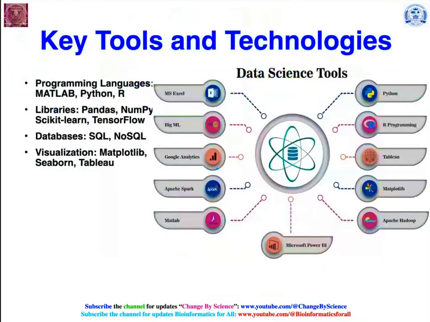What are the key tools and technologies generally required? I will say Python or R is the best thing for your coding part or computer science background. Then, of course, there are many dependencies or libraries, depending on whether you are going to use Python or MATLAB: Pandas, NumPy, Scikit-learn, TensorFlow, database management, that is SQL and MySQL, then visualization: Matplotlib, Seaborn, Tableau.